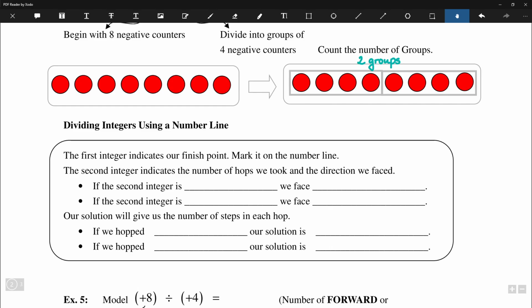And the second integer indicates the number of hops we took and the direction we faced. So if the second integer is positive, we face the right, because the right side on the number line is the positive side. And if it's negative, we face the left.